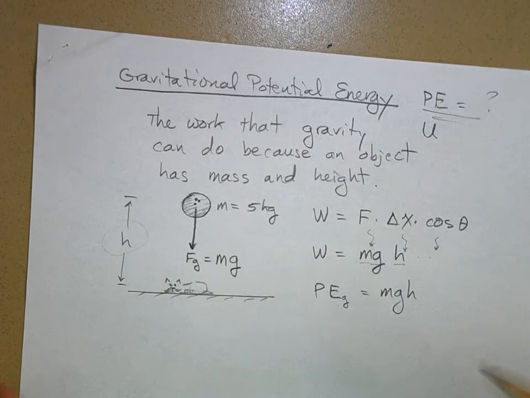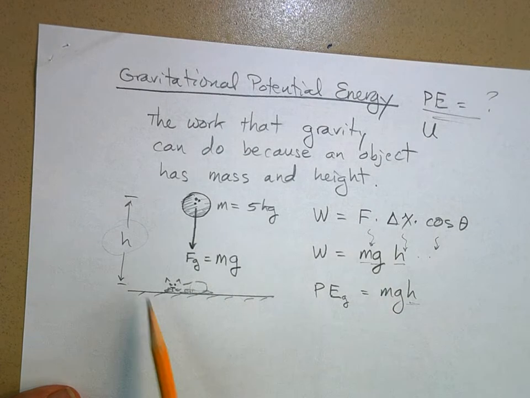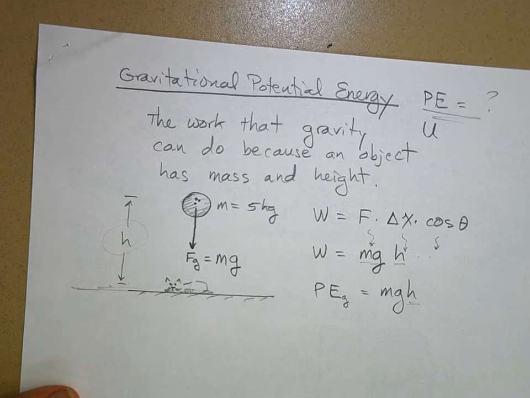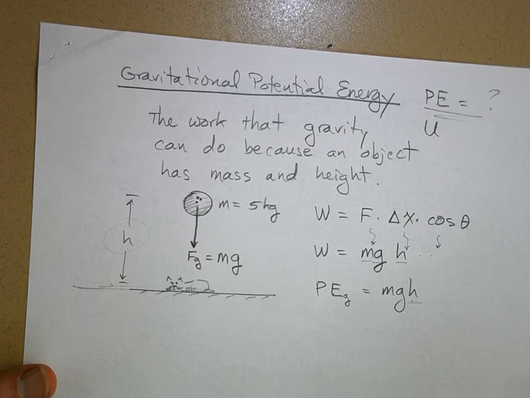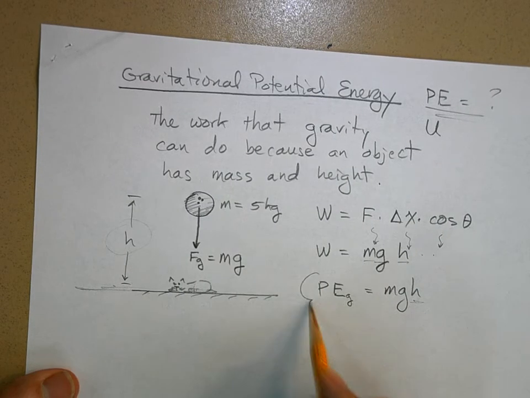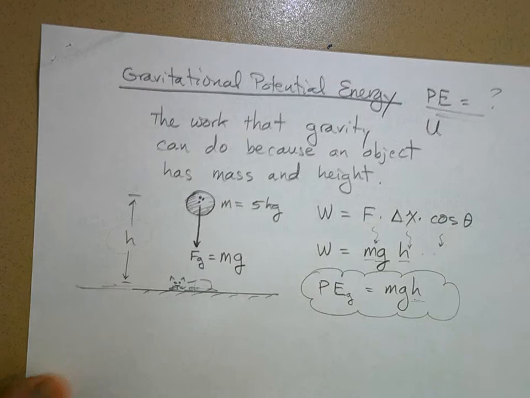So this is our height, and h is our height above the reference. Okay? So anyway, this is our basic equation for gravitational potential energy.